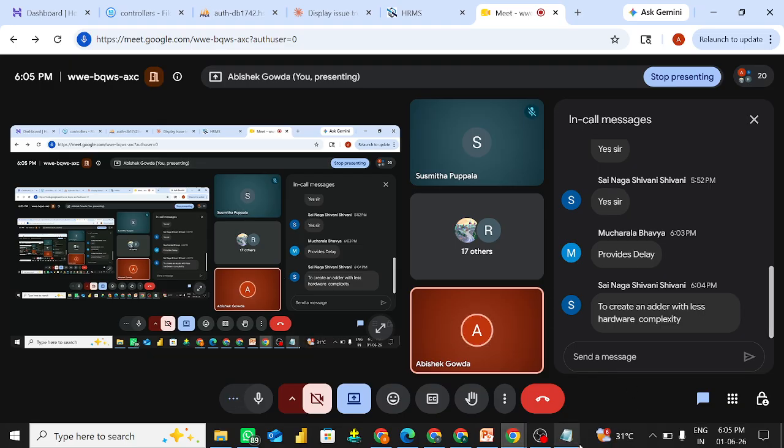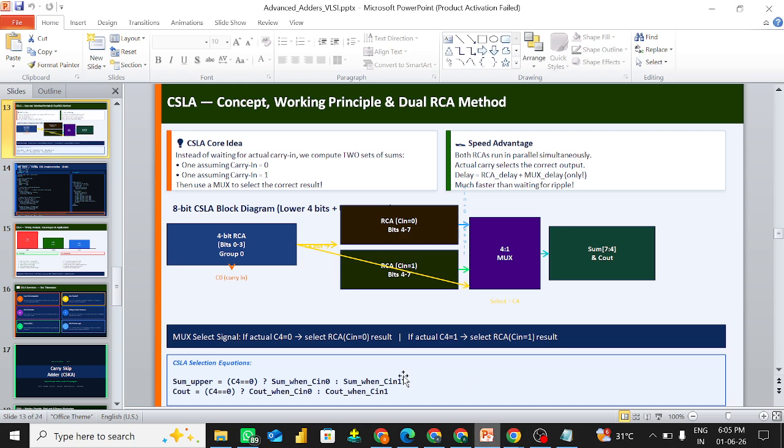So look here, just take 8 bits as an example, okay? Divide the 8 bits into upper 4 bits and lower 4 bits.